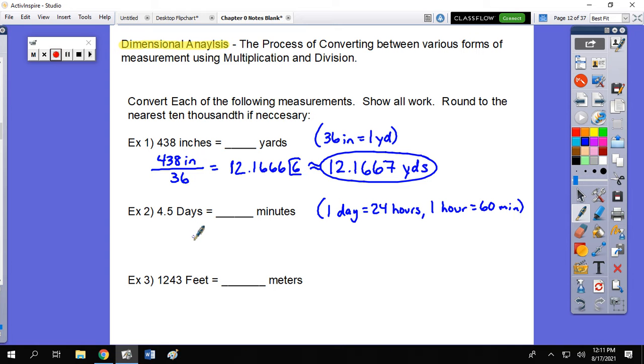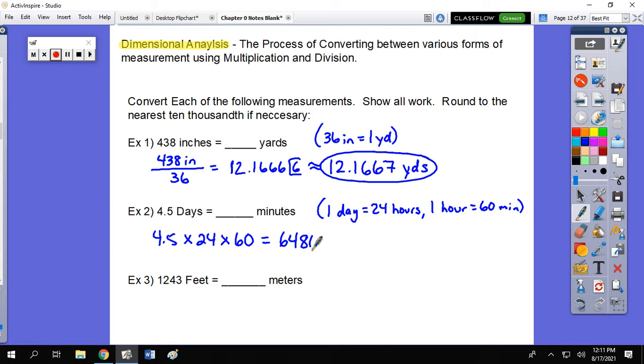Those are unit conversion factors. So we're going to do 4.5 days times 24 hours per day times 60 minutes per hour. And that will give us the number of minutes in 4.5 days. So again, we break out our calculator, we multiply that out, we get 6,480 minutes.